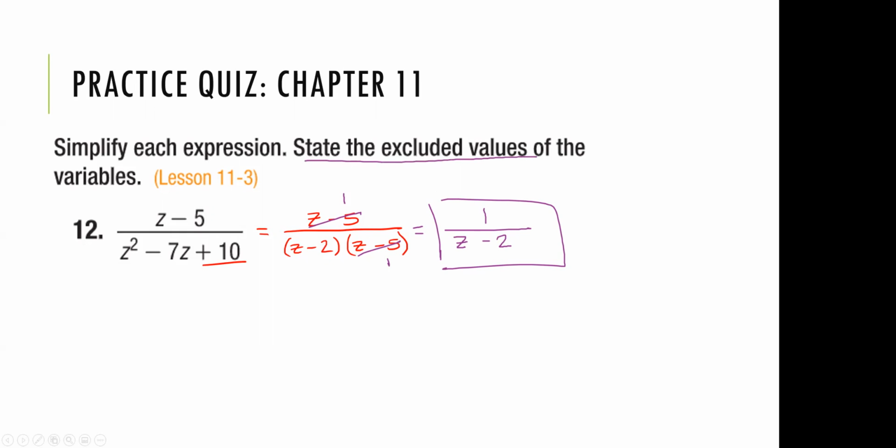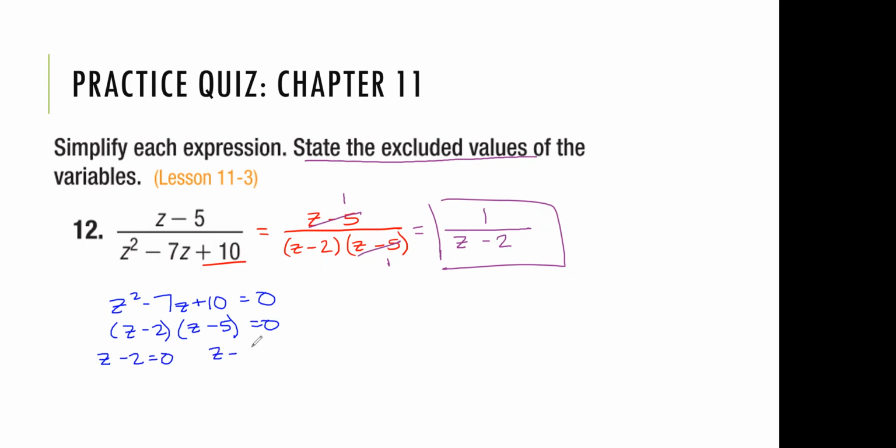Remember, that is where we set our denominator, z squared minus 7z plus 10, equal to 0. The nice thing is we already factored this, so that's z minus 2 times z minus 5. We need to set each one of those equal to 0.